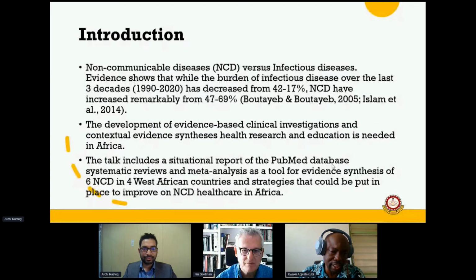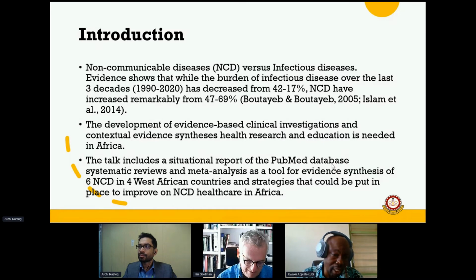Non-communicable diseases versus infectious diseases. This is what we will be talking about for the bulk of our time. You will all agree with me that non-communicable diseases are now becoming a global public health concern.